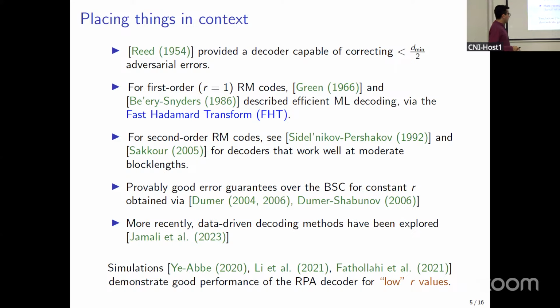Well, the RPA decoder was basically proposed as a low complexity decoder that achieves good performance in practice for Reed-Muller codes of small rate. This was what was observed via simulations in these papers. And what we are aspiring to do is to provide theoretical credence to these assertions and basically give guarantees for a Reed-Muller decoder for orders R that scale with the block length.